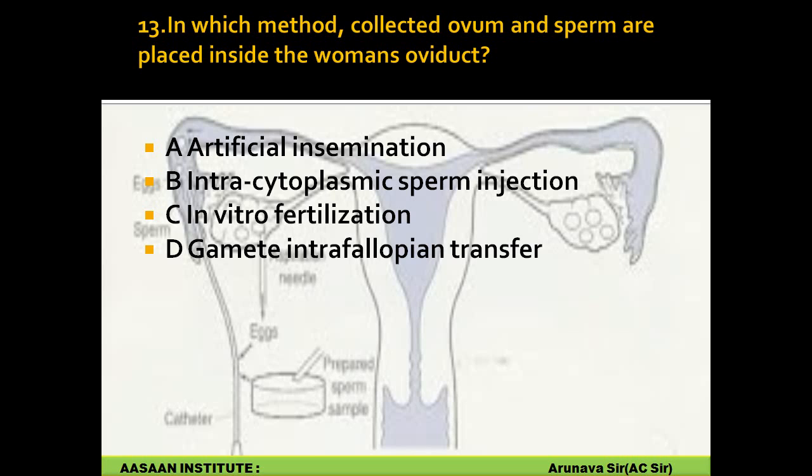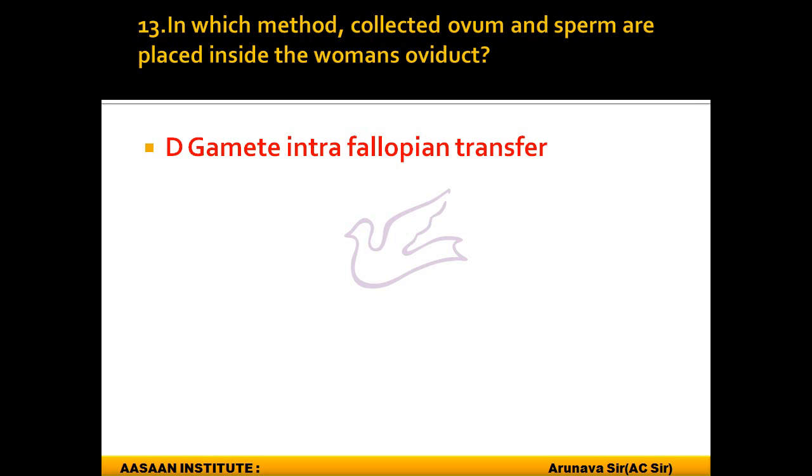They are the gametes, right? Gametes are placed inside the woman's oviduct, then they are fertilized. So this technique is called gamete intrafallopian transfer. So option D, gamete intrafallopian transfer, is the right option. Now go to question number 14.